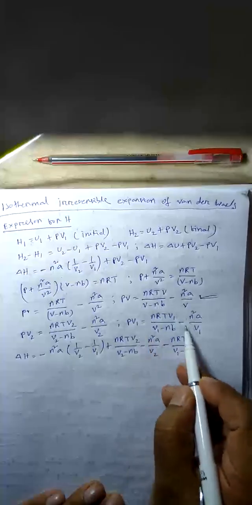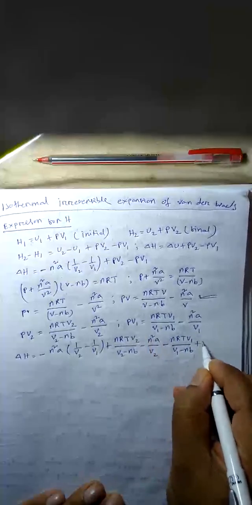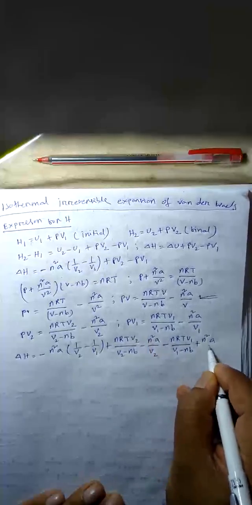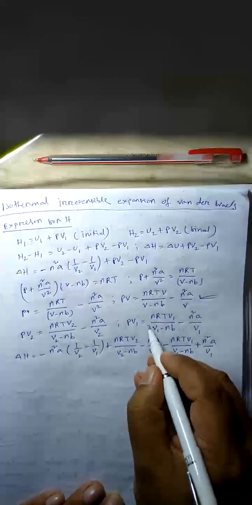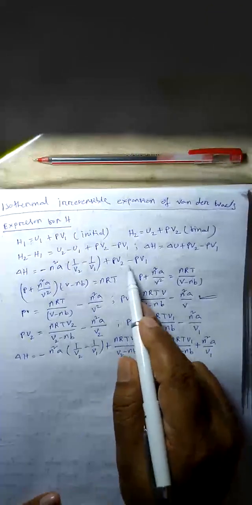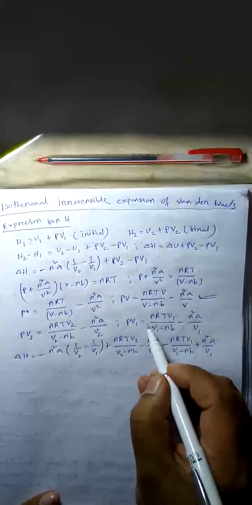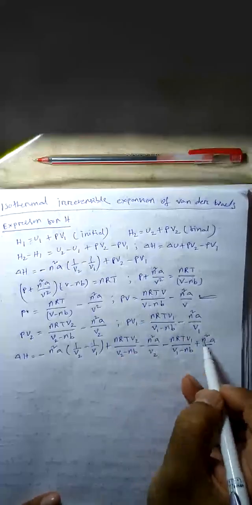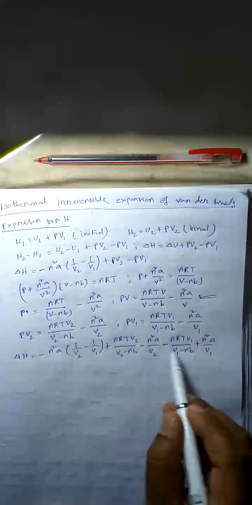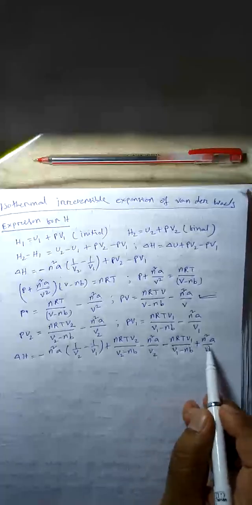Here minus minus means plus n squared a by V1. Minus PV1 means minus, and here minus minus is plus. Take this to the side, and this also to that side.